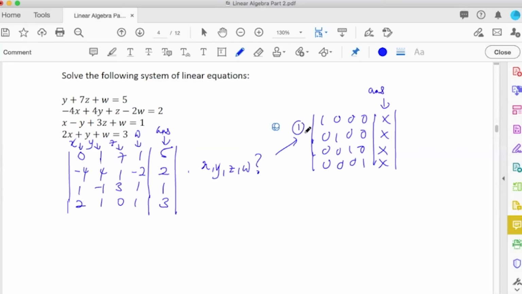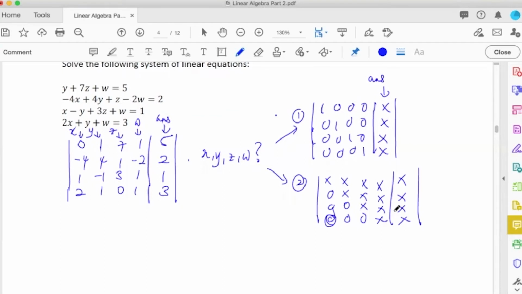That's the first approach. Or the second approach, we convert this into a reduced echelon form. From that matrix, you can put it back into linear form and then solve it.